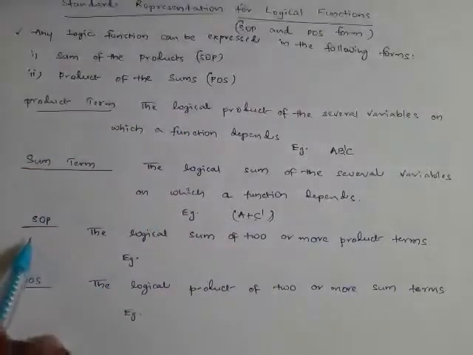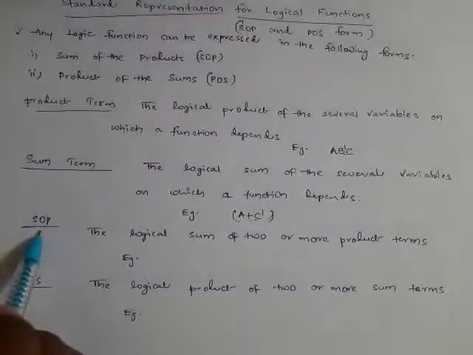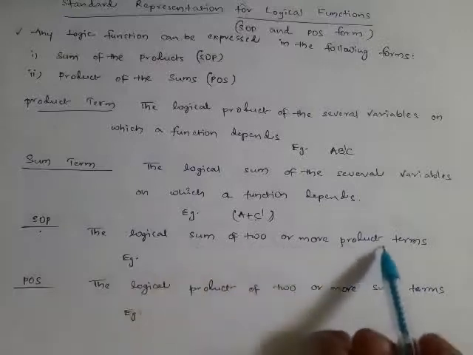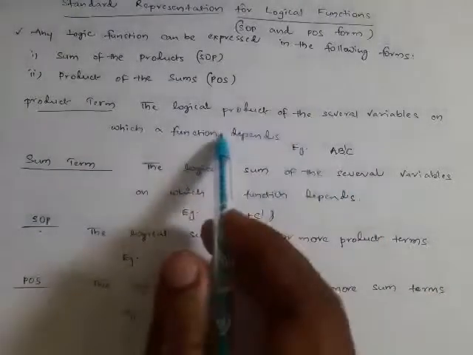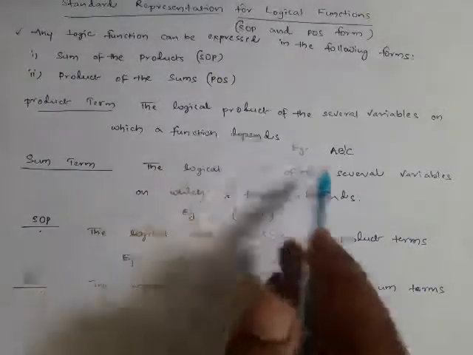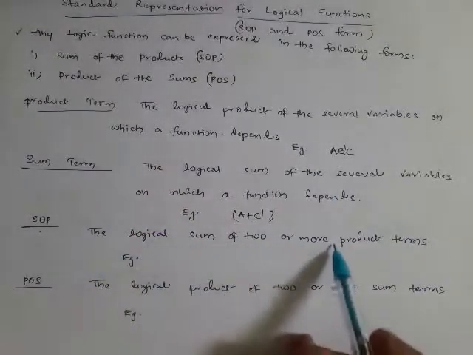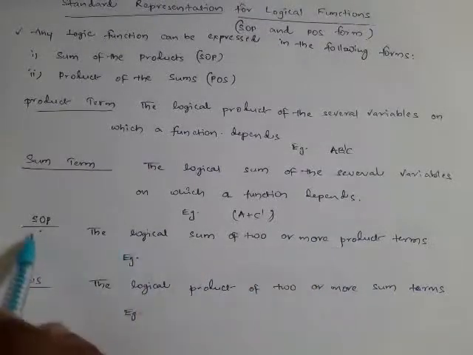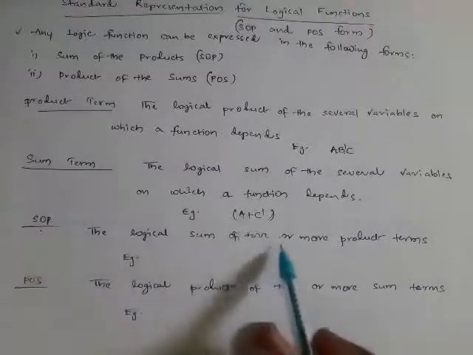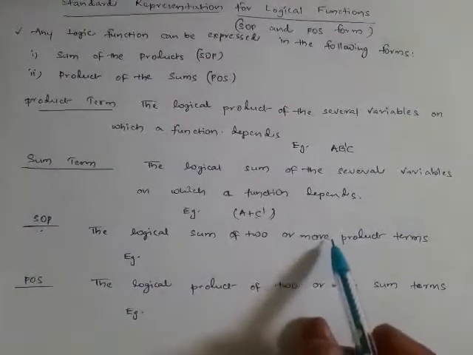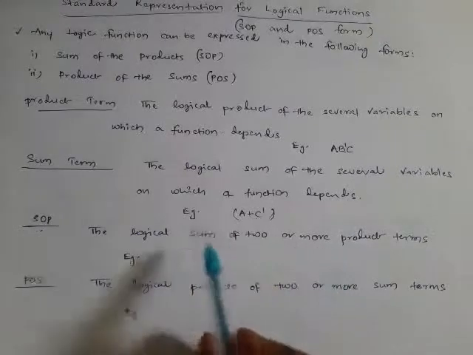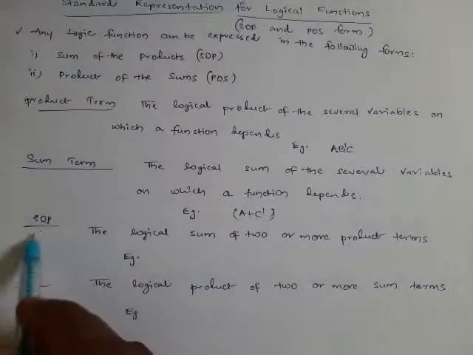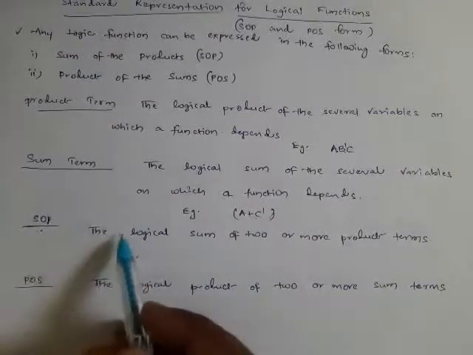So what is the sum of products form? It is a logical sum of two or more product terms on which the function depends. That means we will take product terms on which the function depends and perform the OR operation on them. That expression is called the sum of products form for the logic function.